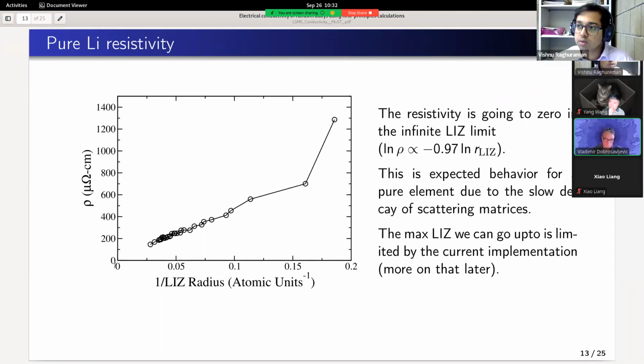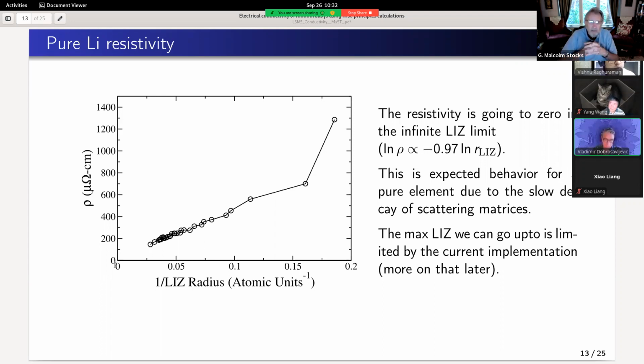Yeah, that's true. It's essentially becoming more and more like a perfect crystal. It's pure lithium, right? The zero temperature resistivity is zero. But anytime you muck it up, the LIZ radius is in a sense mucking it up.